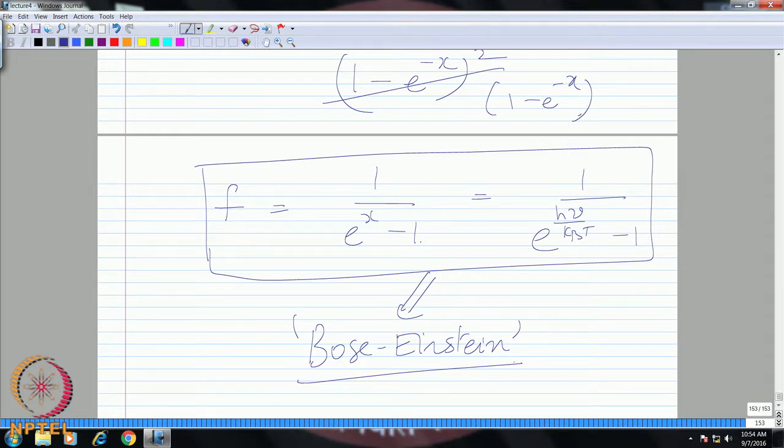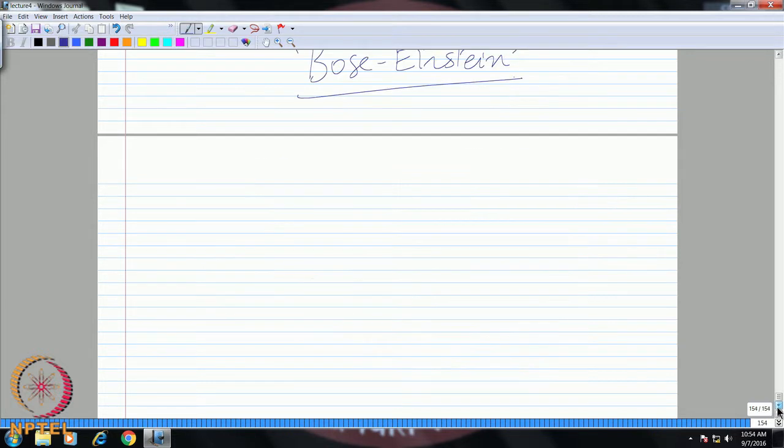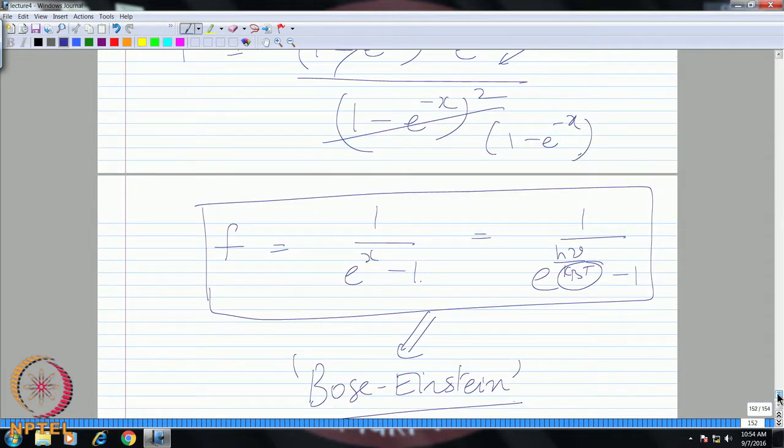If you want to plot this distribution function just like the way we plotted the Fermi-Dirac, again this is a function of temperature. On the y axis you can have the distribution f, the number distribution. On the x axis you can have what? In the case of electron we have energy, in this case we have the frequency.